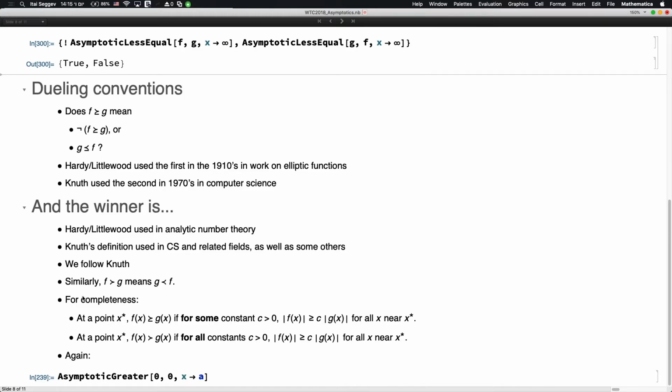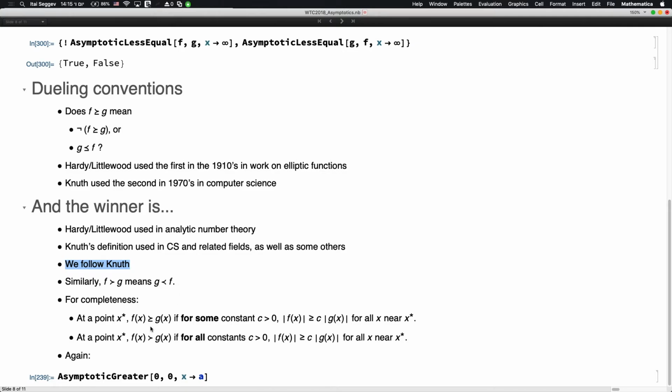And the answer is, Hardy and Littlewood used the first one in their work on elliptic functions, and Knuth used the second one in the 1970s. He was actually aware of the first one, and he said, nobody uses it. Let's change the definition of big omega.